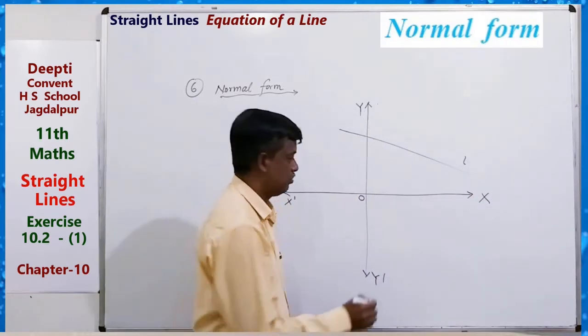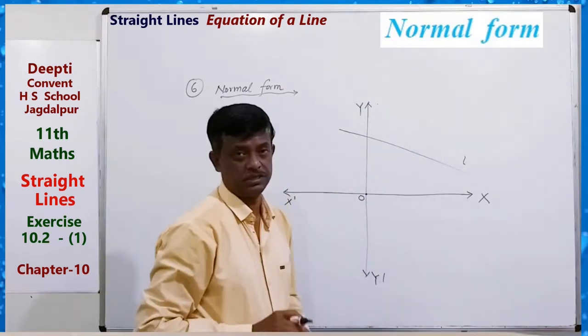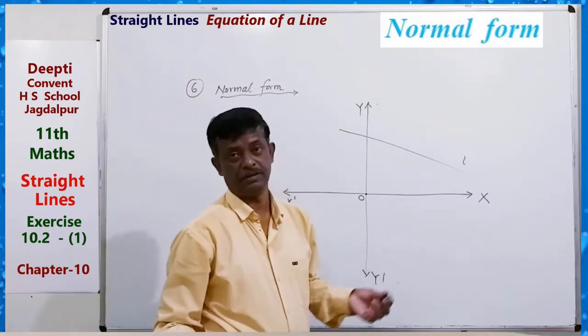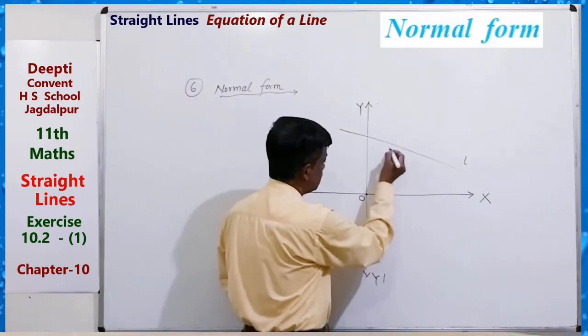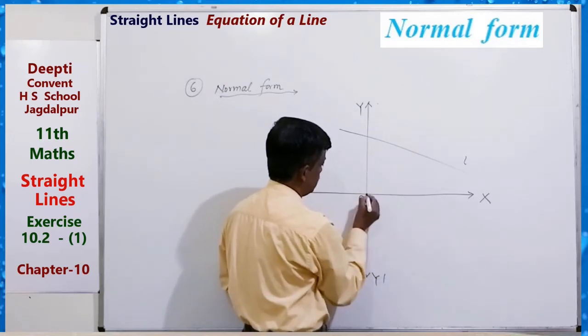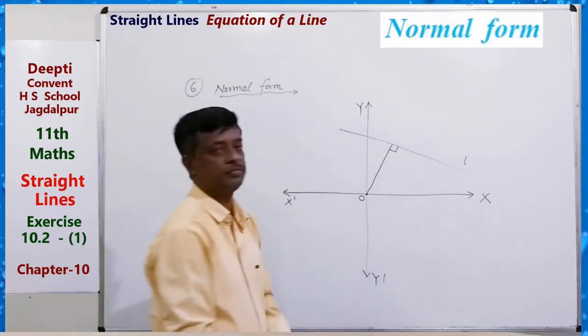Okay. Now, the perpendicular distance of the line from origin is given. Means, draw a perpendicular from origin. This is the perpendicular.